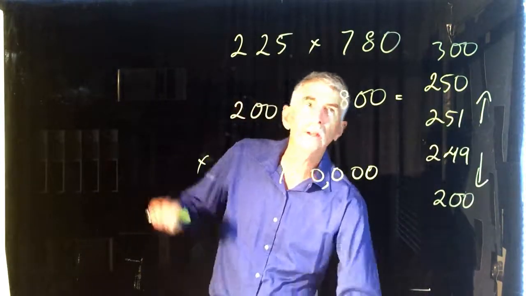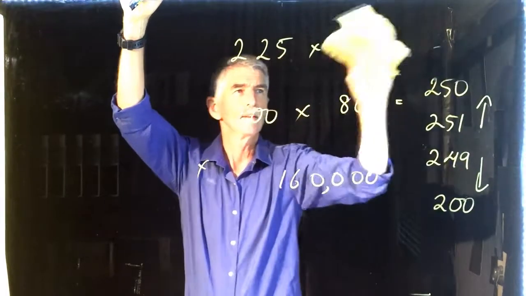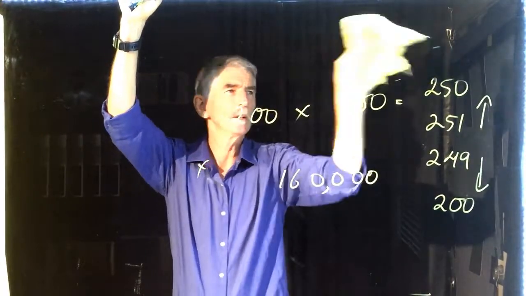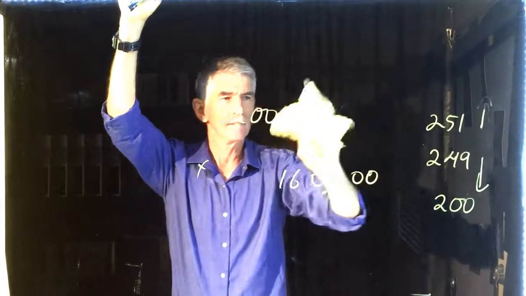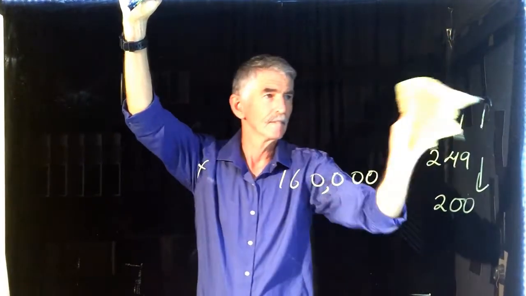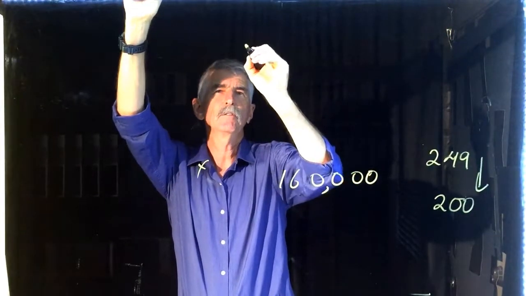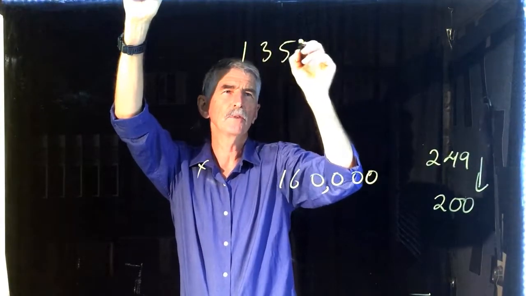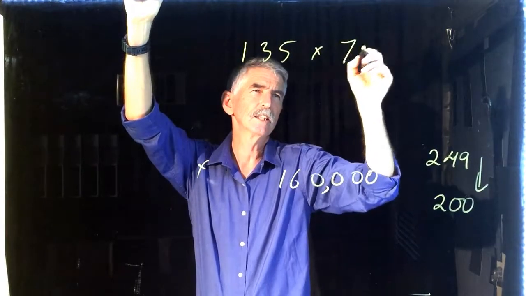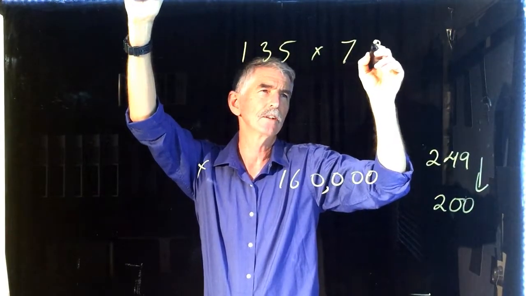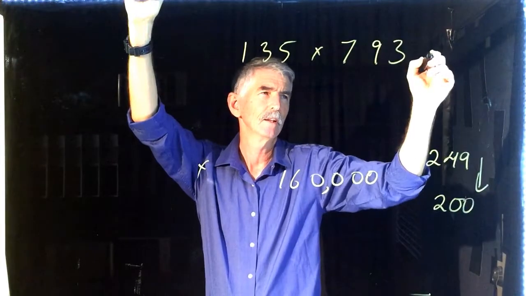How about we give you another one to do? And for this one, you also can do this one on your own. So we'll give you 135 multiplied by 793.